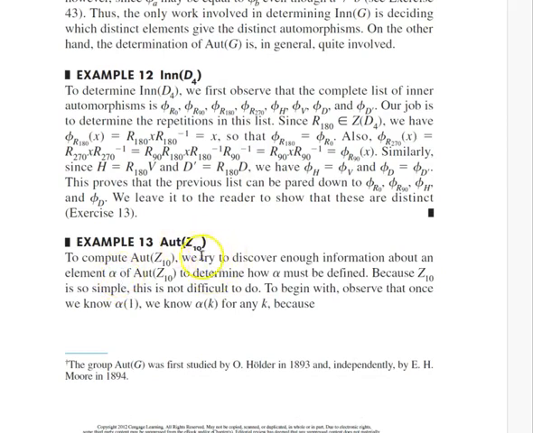Our goal now is to determine the automorphism group of Z10. You know the group Z10 consists of all integers from 0 to 9, and the operation of the group is addition mod 10.